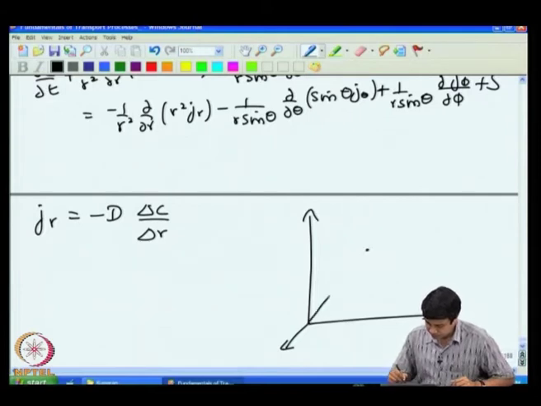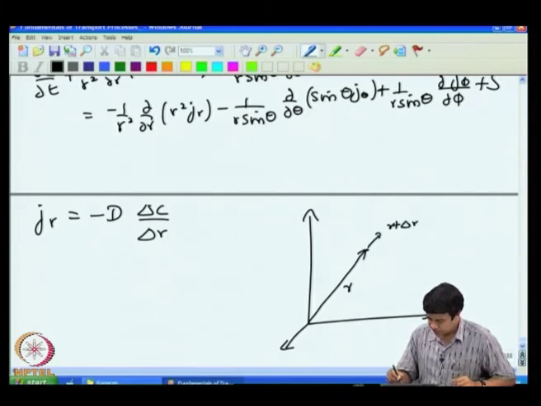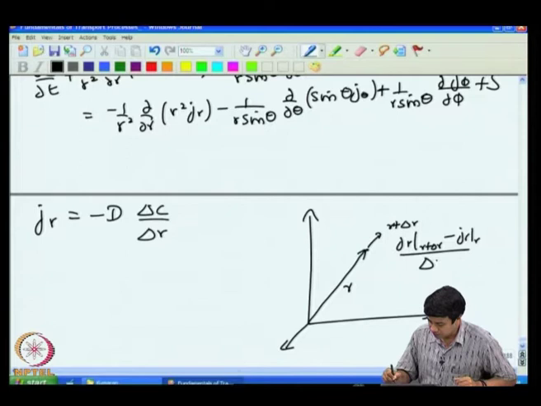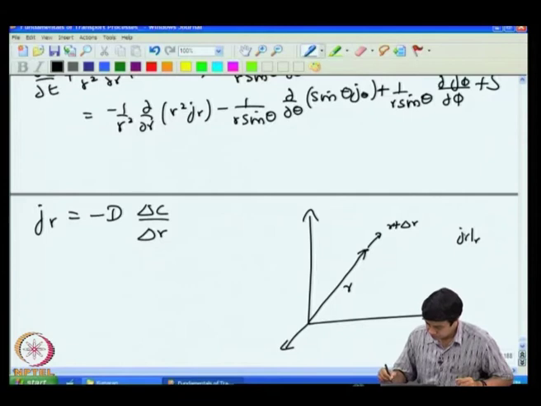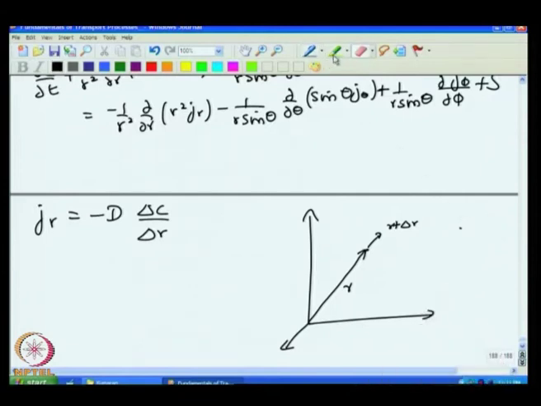If I am at a location r and I go to a new location r plus delta r, the difference is c at r plus delta r minus c at r, divided by delta r, that is delta c by delta r.